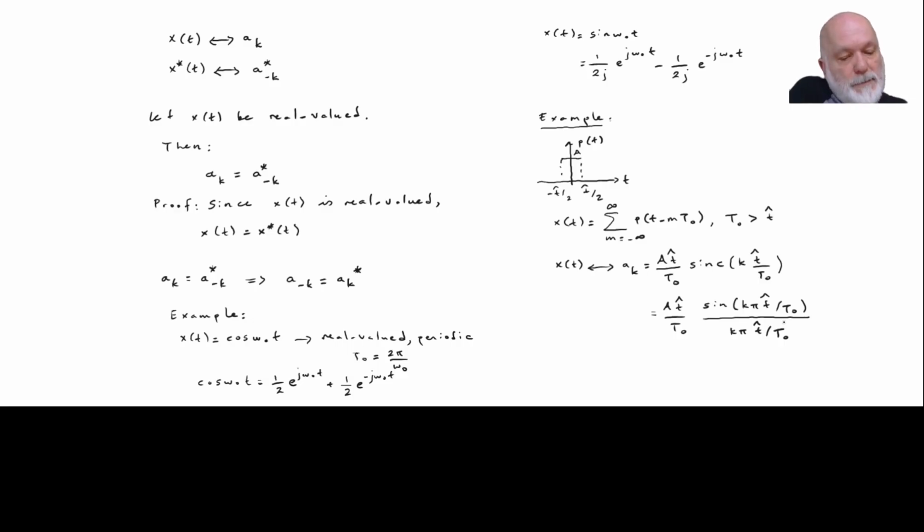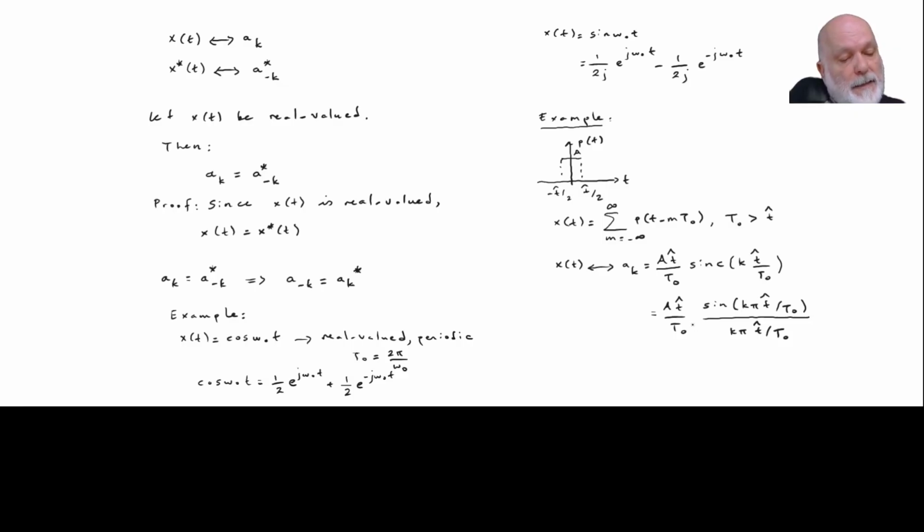Now, obviously, in this case, the condition is satisfied, but here the coefficients turned out to be also real valued. Now, in a minute, we are going to see why this is the case.